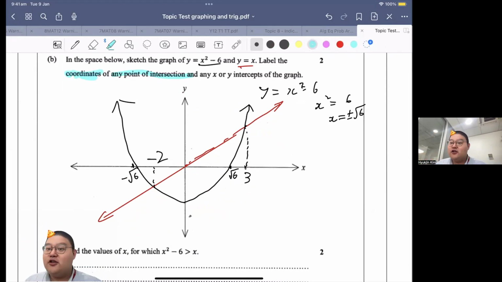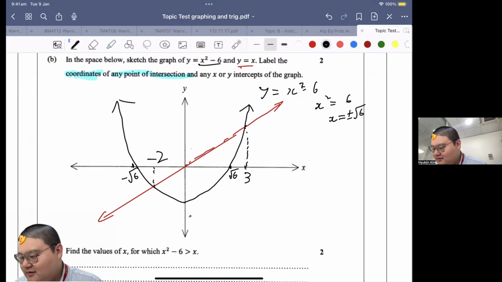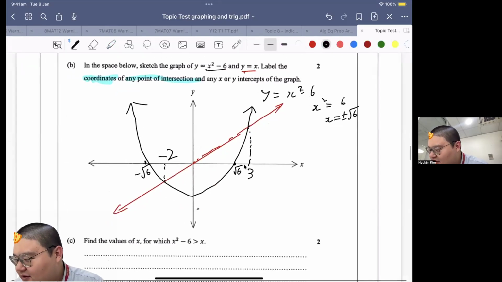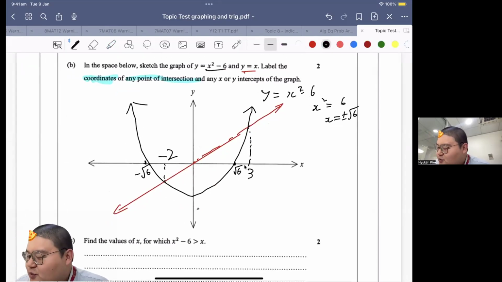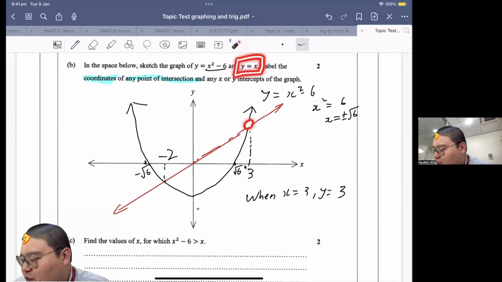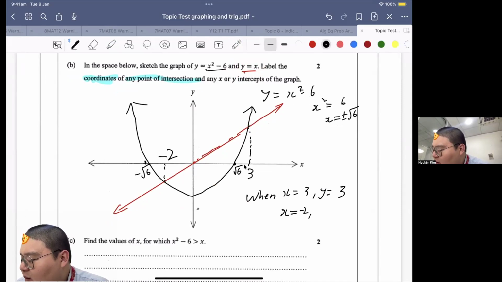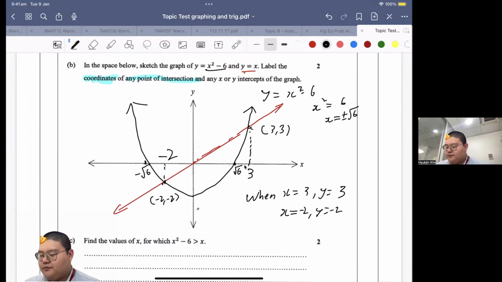If any of you said no, that is not correct, then you're right. Now, all we need to say is when x equals 3, then y would just be 3, because it intersects with y equals x. So we just sub it in there. And when x equals negative 2, y equals negative 2. So those are the coordinates: negative 2, negative 2, and 3, 3.